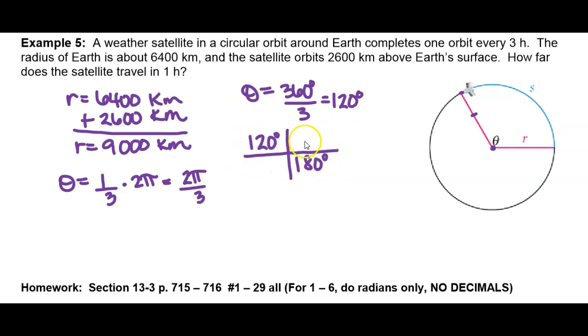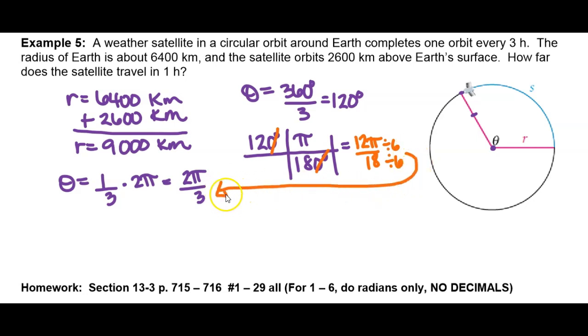We would want degrees to cancel out, so we would have 180 degrees on the bottom and pi in our numerator. Degrees are going to cancel out, so we're going to have 120 pi over 180. If we reduce that, that is going to give us 2 pi over 3. Remember, to use the arc length formula, because we're looking for this distance that the satellite is going to travel from here all the way to here, we need to be in radian measure.